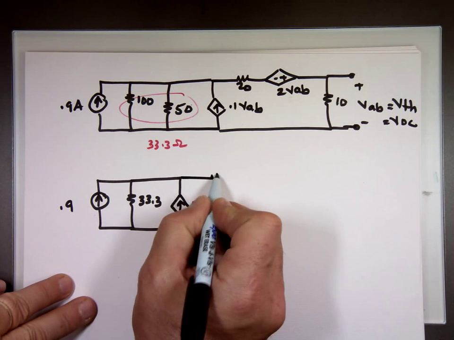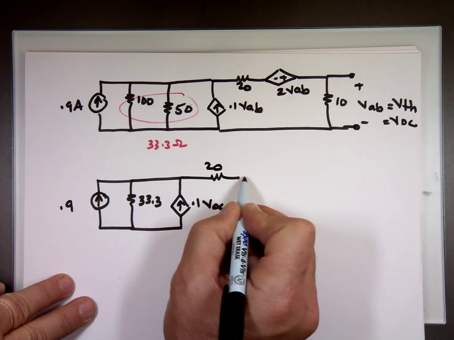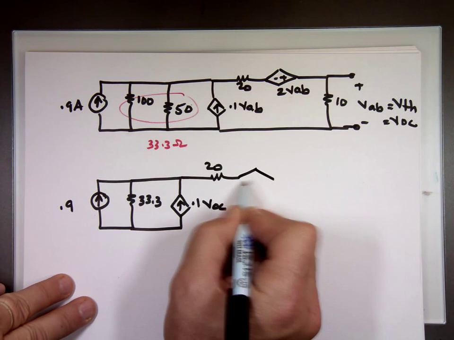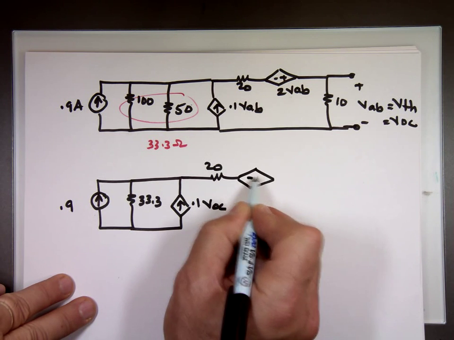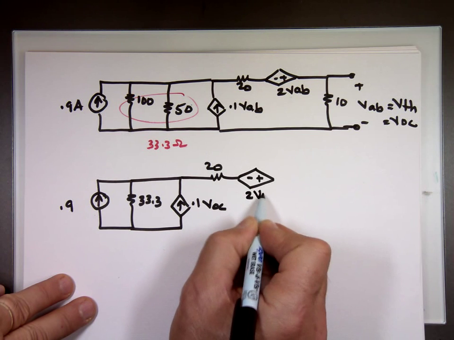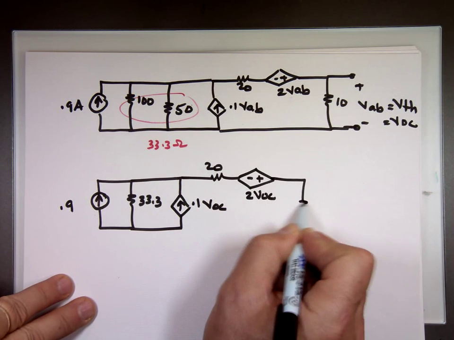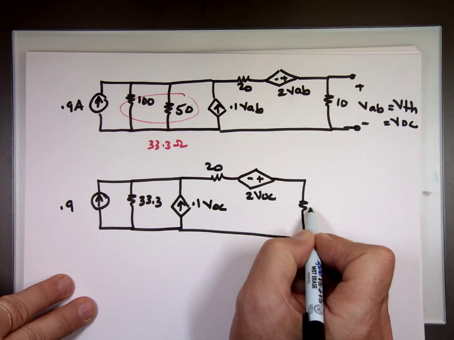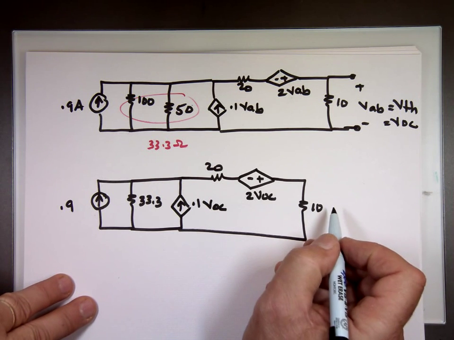20, minus to plus 2 V open circuit. 100, or 10, I'm sorry, not 100. And this voltage here is V open circuit.